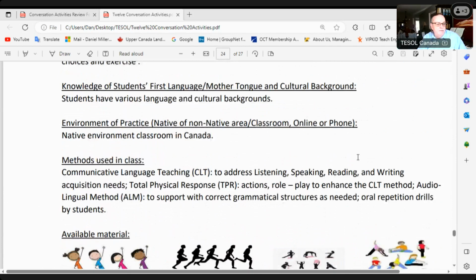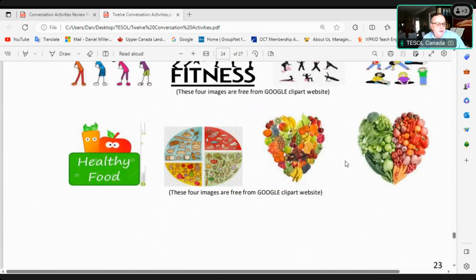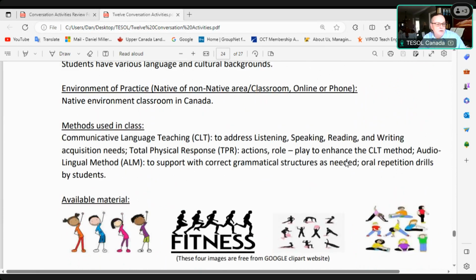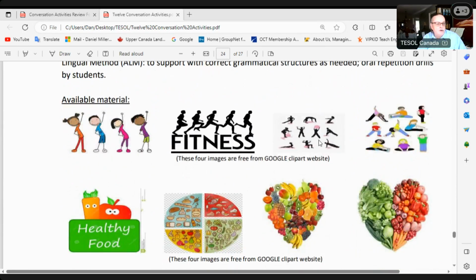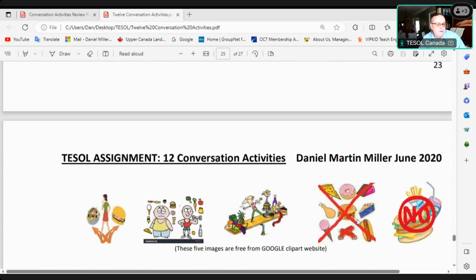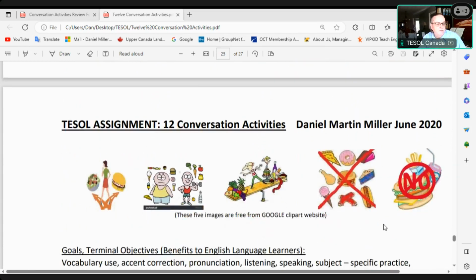And my number 11 one is health choices, lifestyle choices. So exercise routines and food choices, things that are good and things that are not good. Look at that big red X through the hamburgers and the pie and the pizza, the hot dogs.